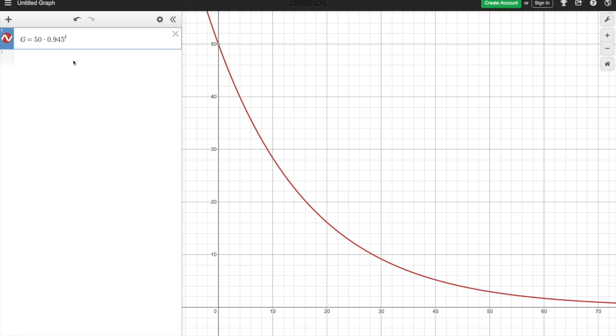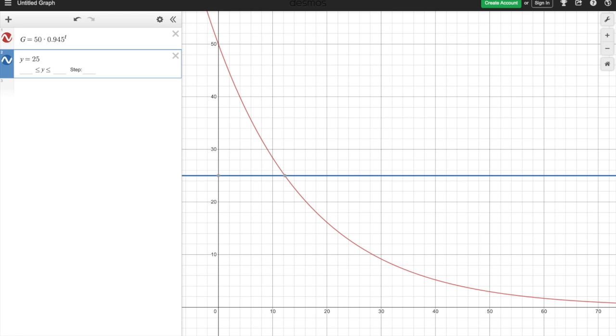Let's go back to our Desmos tab where we've already graphed our function for exponential decay of tritium. Since we're going to use the crossing graphs method, we also need to graph the right-hand side of the equation. So we need to graph y equals 25.